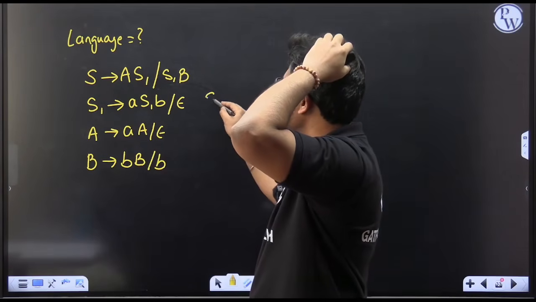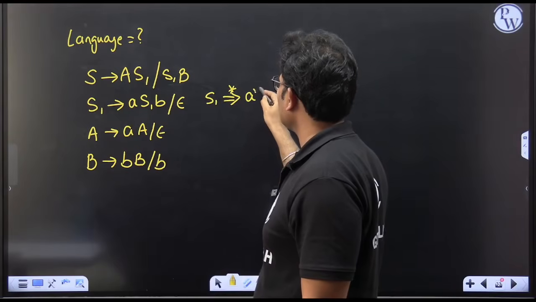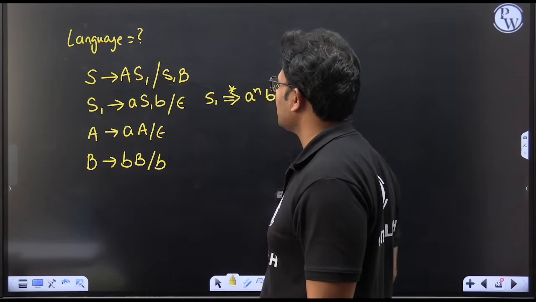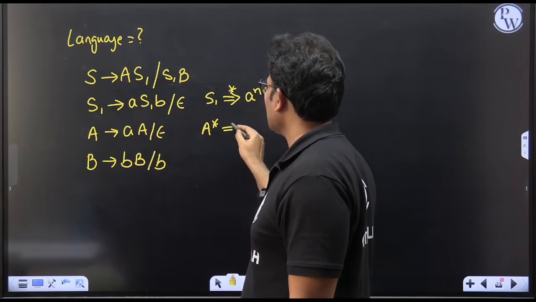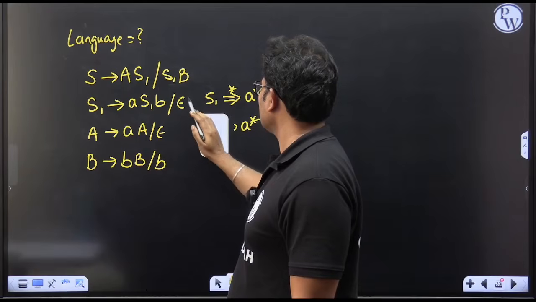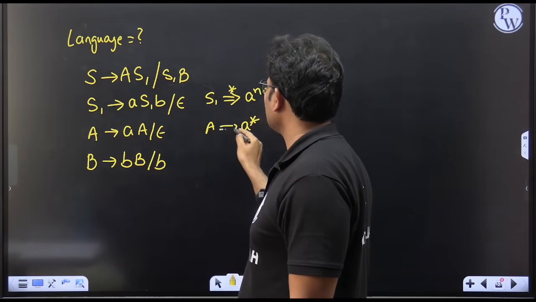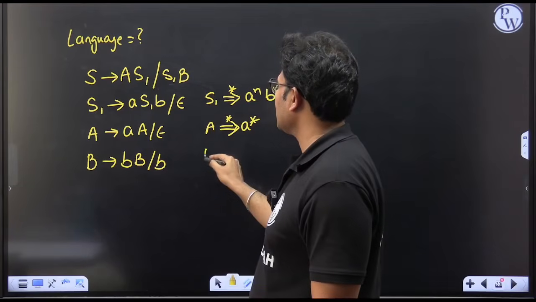Now let us see how to analyze it. What is S1 generating, guys? S1 is generating a power n, b power n, isn't it? And what is A generating? A is generating a star. What is B generating?